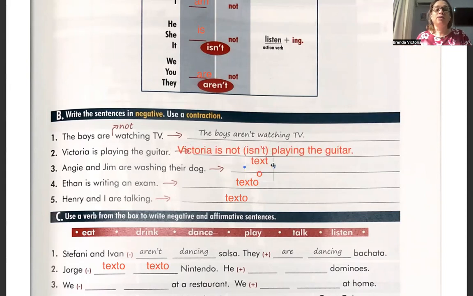Okay, so we have number 2. Angie and Jim are watching their dog. So we write Angie, let me put this bigger. Angie and Jim are not watching their dog.